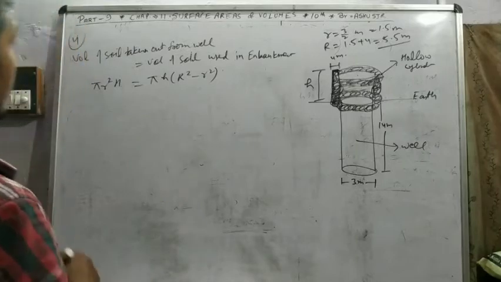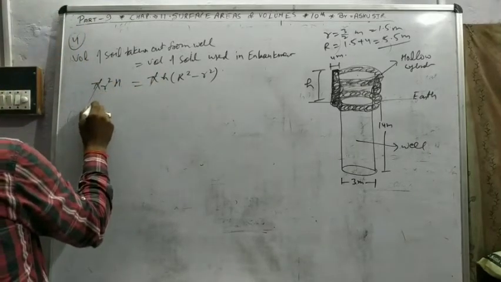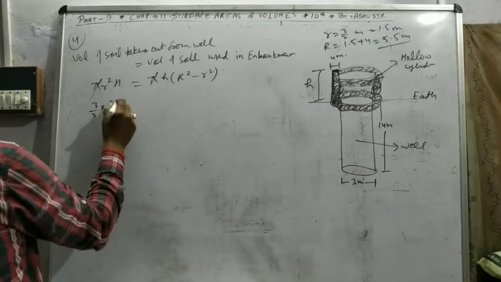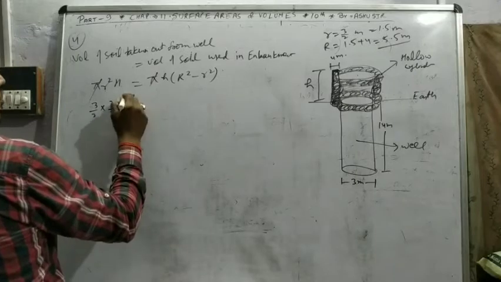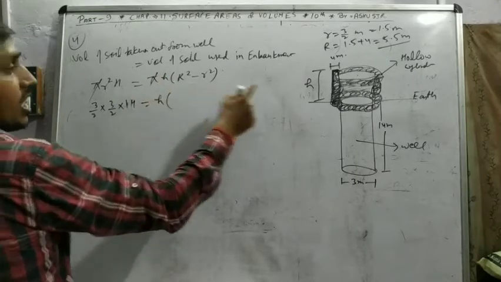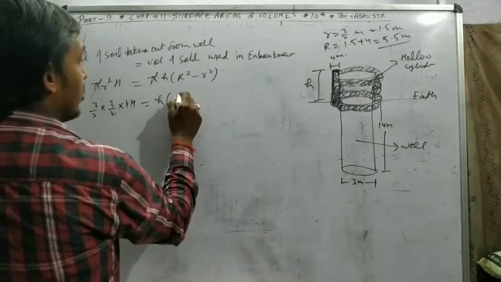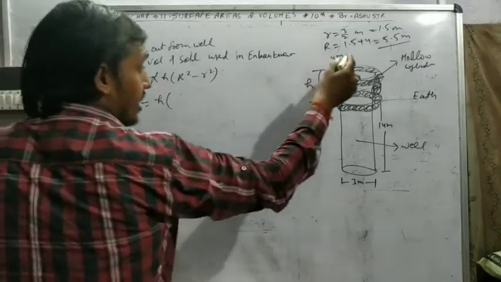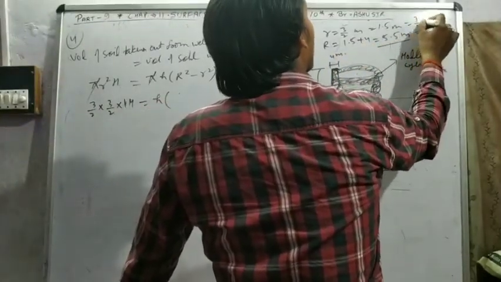Then put all the values. Pi cancels. Small r is 3/2, h the depth of the well is 14, small h we want to find, the height of the embankment, and capital R is 11/2.